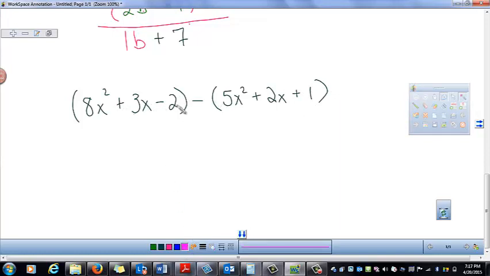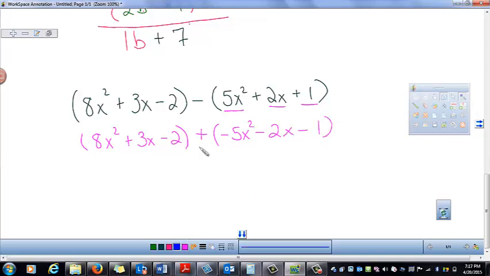If it's written out horizontally, I rewrite it as 8x squared plus 3x minus 2, and then I change all of these. So you're going to change this one, and this one. So it becomes plus negative 5x squared minus 2x minus 1. So I changed everything to a plus.